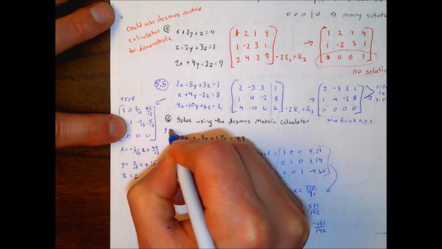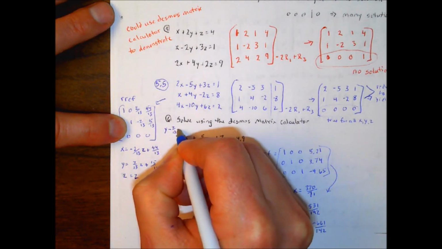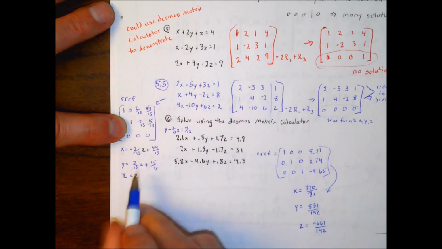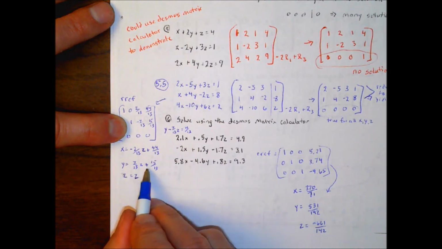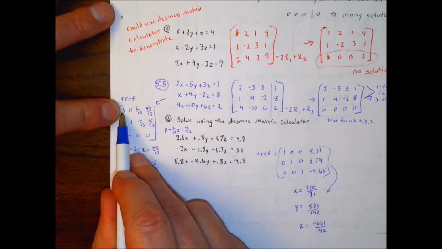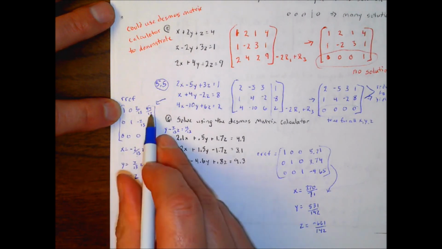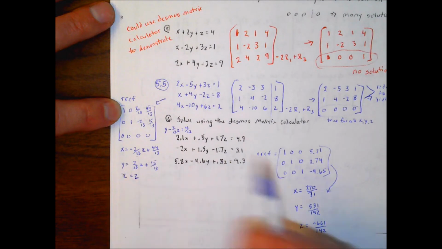And if I add that 7z over, I get y is equal to 7/13 z plus 15/13. Same thing up here, my x is going to equal negative 2/13 z plus 44/13. There's an infinite number of solutions there, but it has to be those sort of numbers.